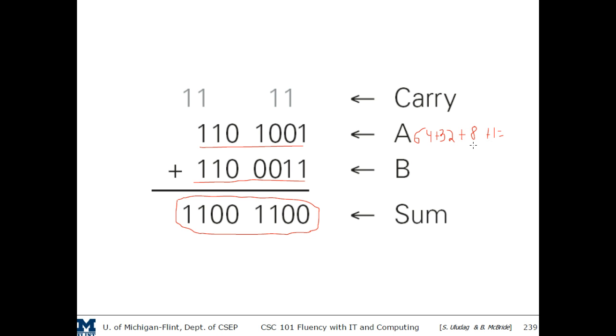Plus 8 is 104. Plus 1 is 105. So this bit pattern is 105. A is 105. And then we have 64 plus 32 plus a 2 plus a 1, and again that's 96 plus 2 is 98 plus 1 is 99.